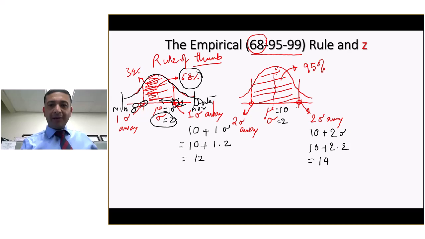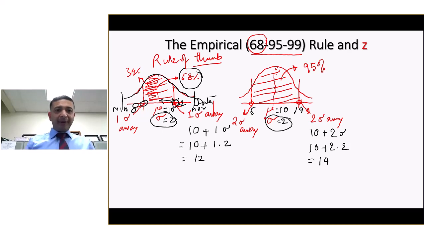So the value here is 14. In the same way, the value here is a mirror image. It's 2 sigma away on the other side, so it's 10 minus 2 sigma. Each sigma is 2 units, so it's 10 minus 4, which is 6.